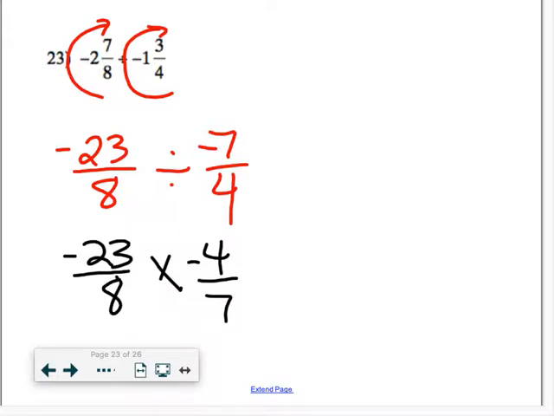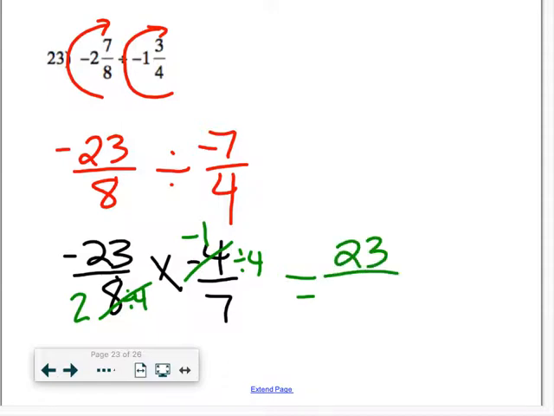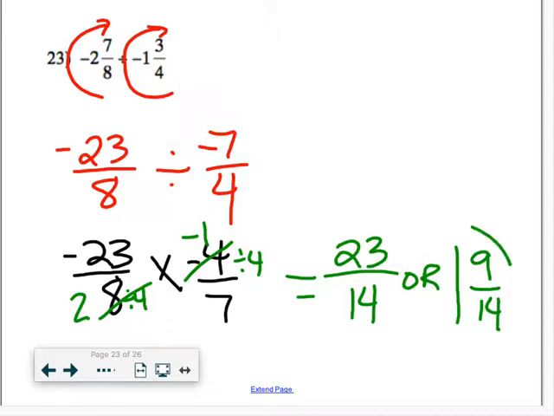Divide 8 by 4, and I get 2. Divide negative 4 by 4, I get negative 1. So up top, now all I have is negative 23 times negative 1, positive 23, and the bottom, 2 times 7 is 14, or 1 and 9/14.